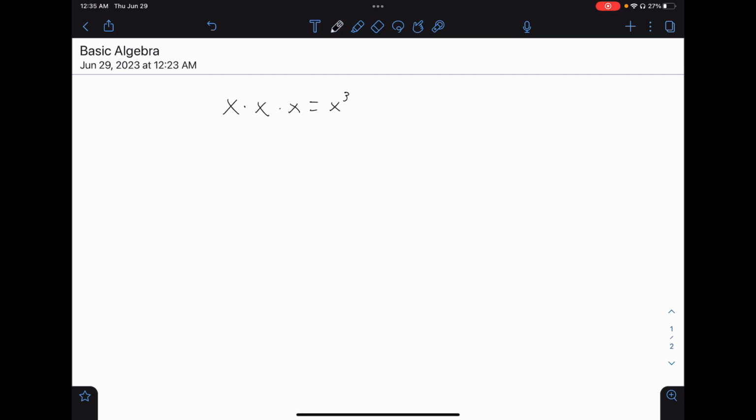Now, let's say I give you an expression and I tell you to collect like terms, right? So what if I say 3x plus 5x plus 2y plus 7 minus x squared is equal to 0. And I say, okay, collect all the like terms in this problem.